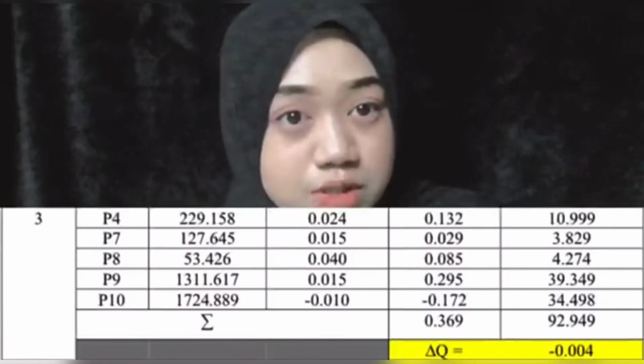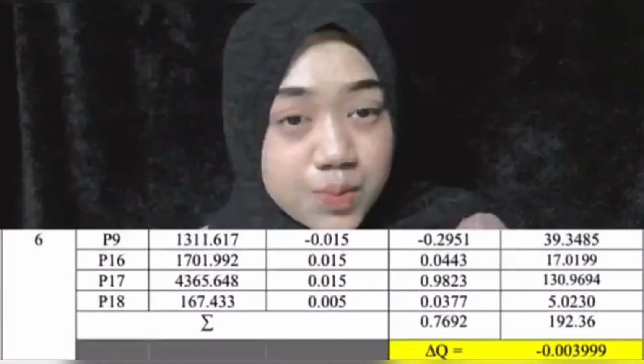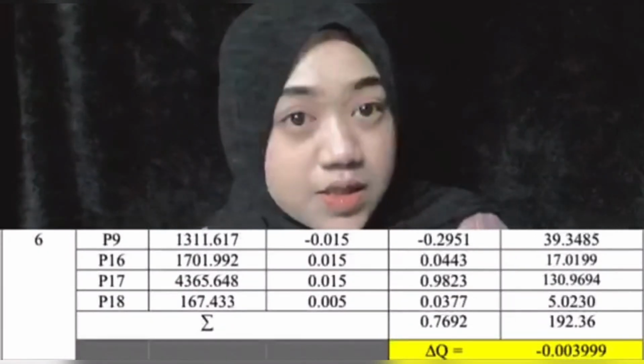The correction for loop 3 is negative 0.004 and for loop 6 is negative 0.003999. So for this fourth trial, we just got one correction that achieved 0.000xx. So we continue to the next trial.